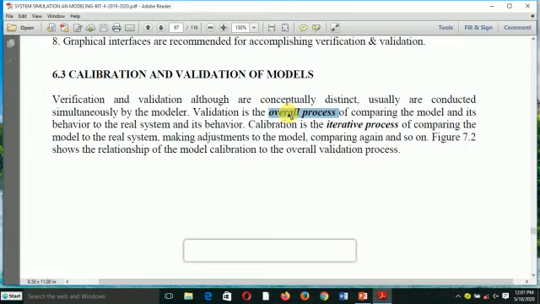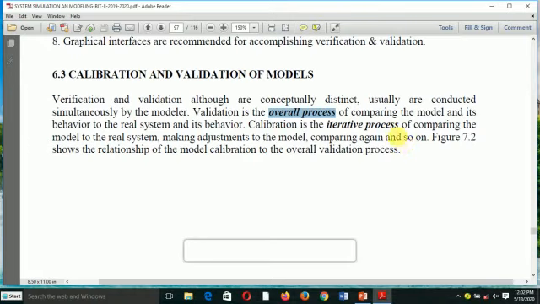If you have a computerized bank, you are going to compare what you have simulated in your computer to how the bank really works. So, what is calibration? Calibration means that you do a total verification.